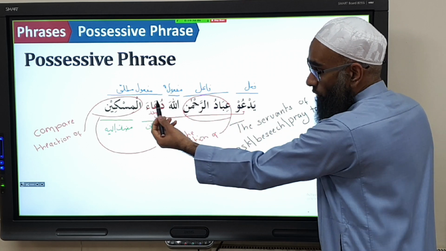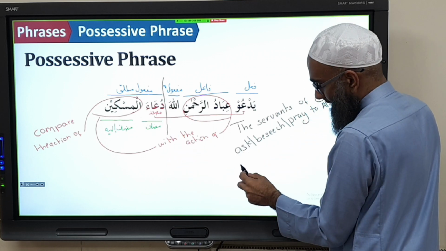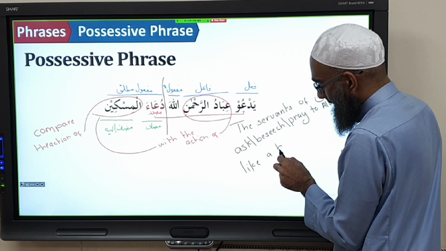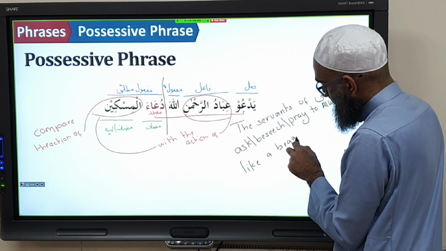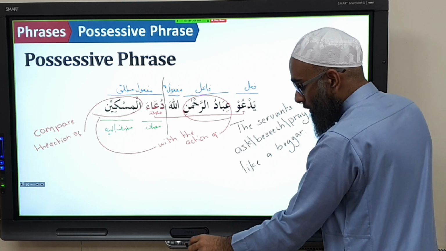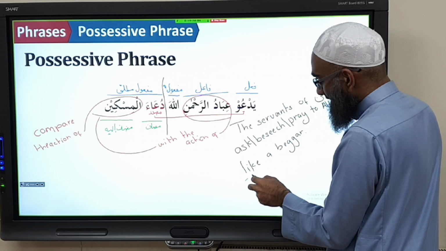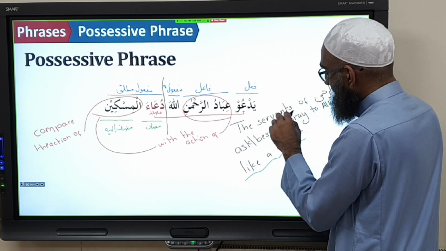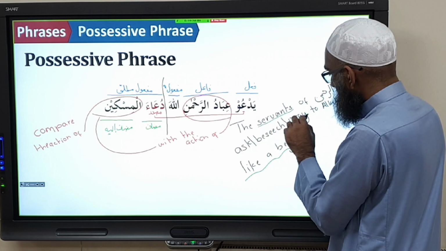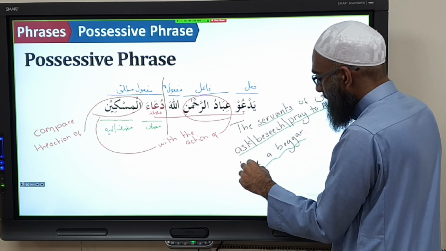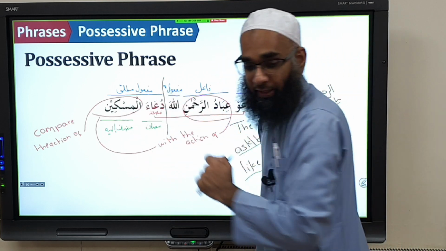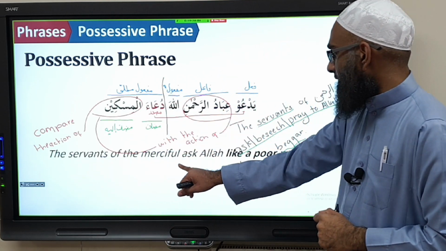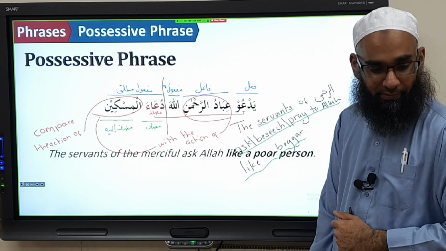We translate this now, like a beggar. Why is it like? Because we're translating the action of the fa'il, the servants praying, to the mudaf ilayh's praying. Okay? So we say here, the servants of the merciful ask Allah like a poor person.